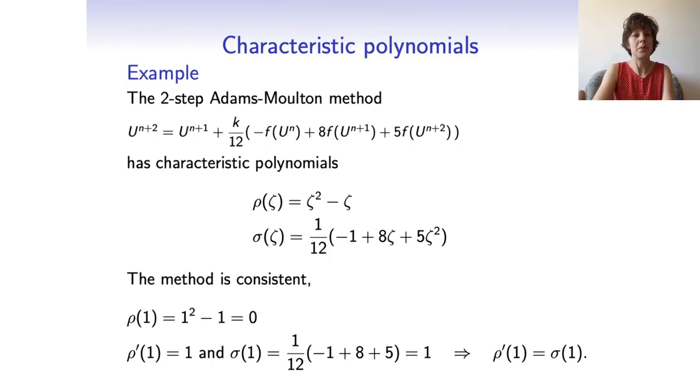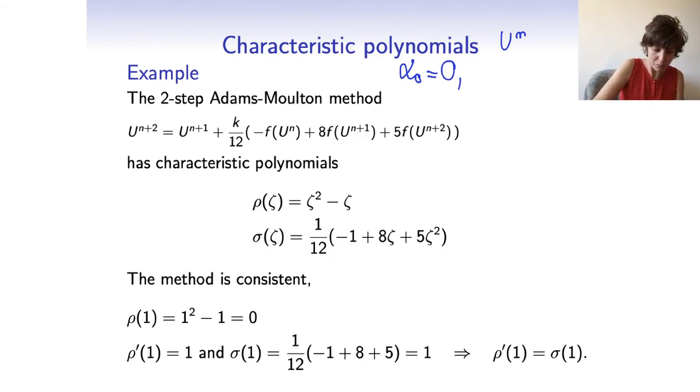So consider the two-step Adams-Moulton method that's given by this, and let's just write the characteristic polynomial. For writing the characteristic polynomial, we need to pay attention to its coefficients. So first we write alpha 0 equals 0, because alpha 0 is the term multiplying u n, okay? And if we put this term on the other side, we see that alpha 1 equals minus 1, and alpha 2 equals 1.